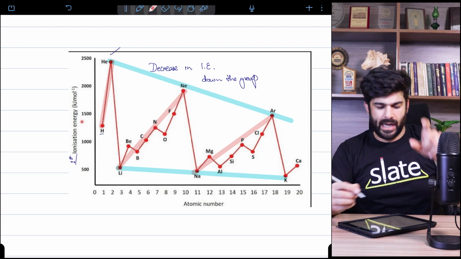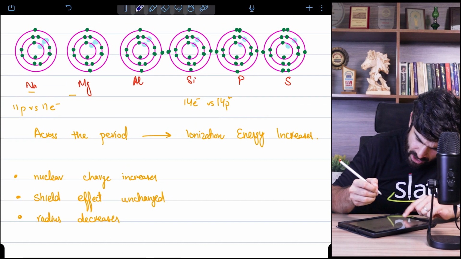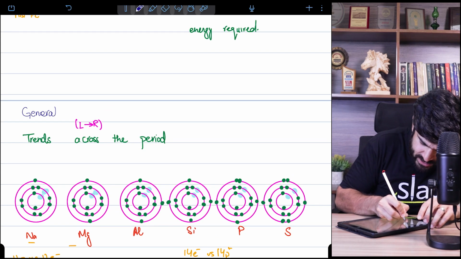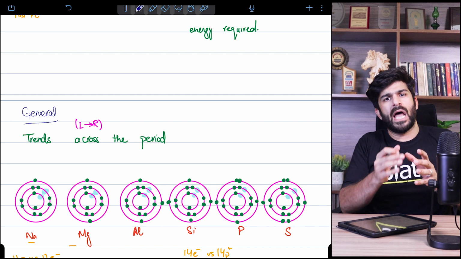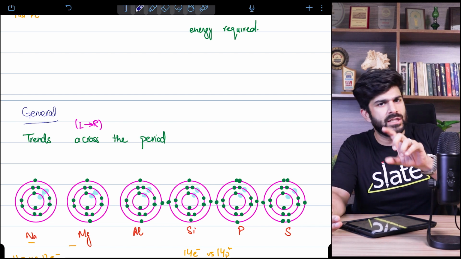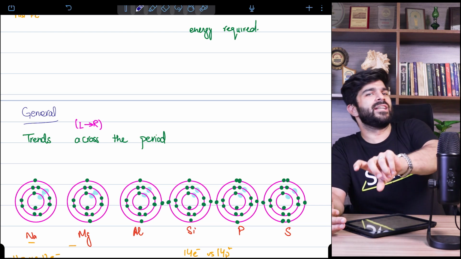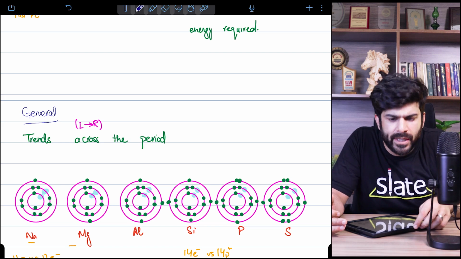Now I would say the trends that we studied are general trends. General trends are the ones without anomalous behaviors. There is no anomaly, there is no off the book, there is no difference there. So generally, it increases across the period.